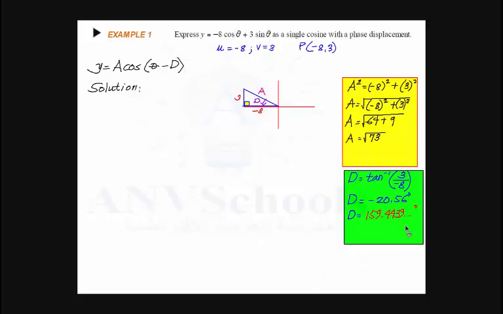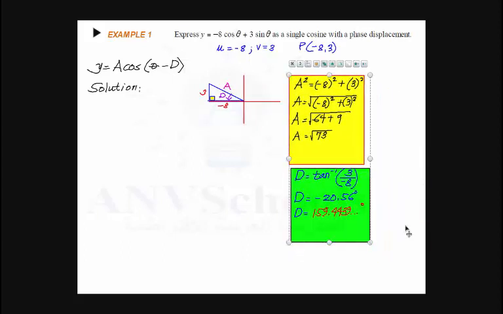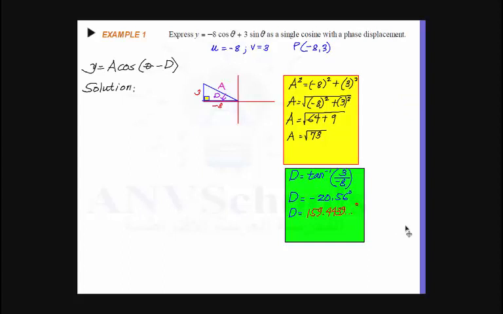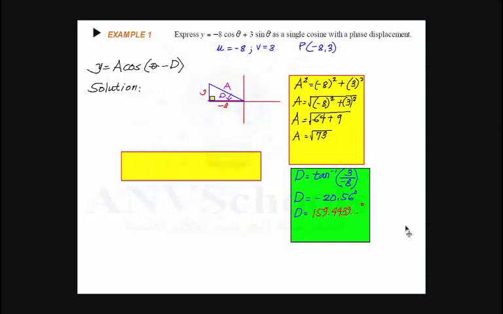Okay, so we have our A, we have our D. All we need to do is to write down these solutions so that we will have a composite argument expression for the solution. So our answer should be y is equal to, our A is square root of 73, and our phase displacement, so this is a cosine function.